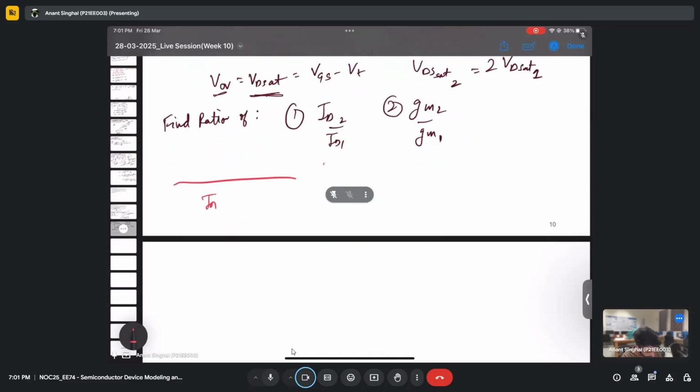Let's calculate ID2 by ID1 first. We know that the MOSFETs are in saturation.